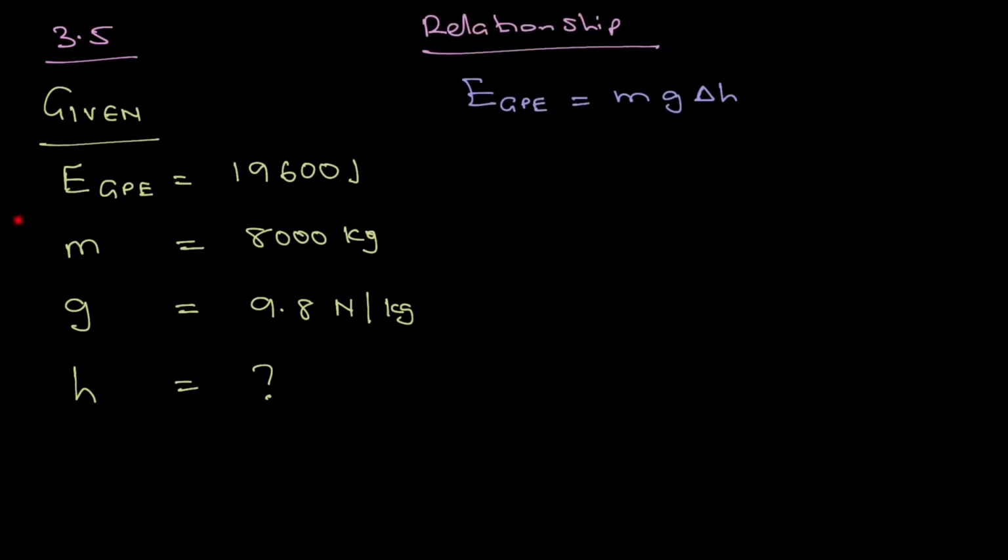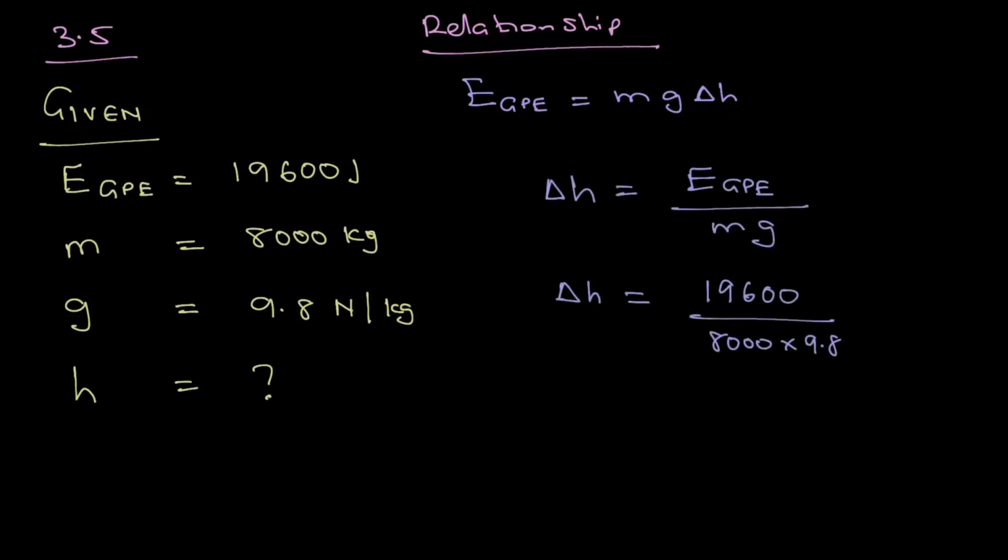Now you've considered the given, you want to think of a relationship between these variables. The relationship we have is the gravitational potential energy, which is mass times gravitational field strength times change in height. Of course, we need to make the change in height the subject, so we need to divide both sides of the equation by mg. So that's what we've done.